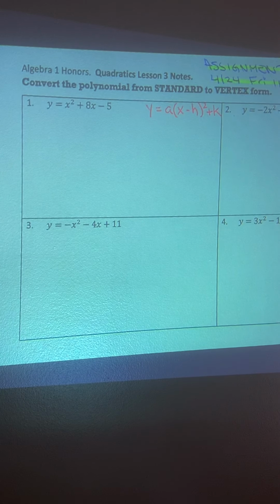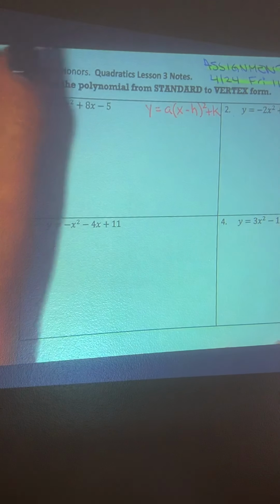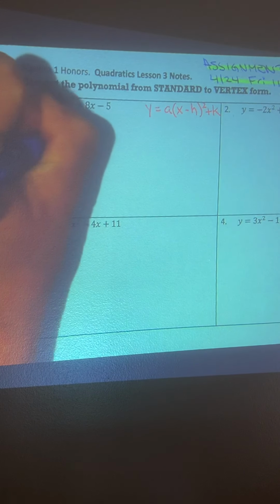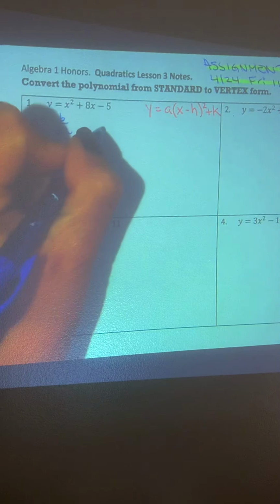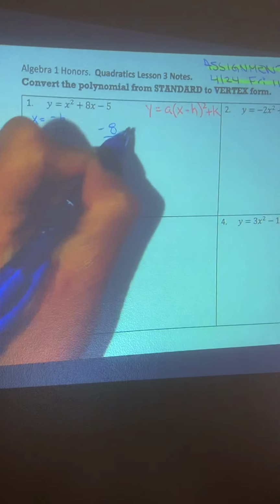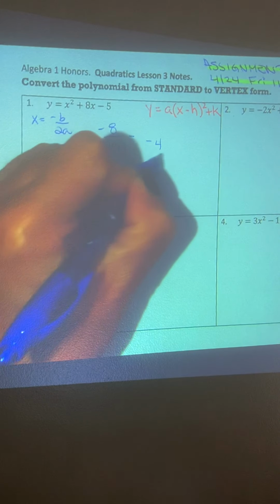If we want to go to vertex form, we need to find the vertex. To find the vertex, we want negative b over 2a. So negative 8 over 2 times 1, which gives me negative 4.